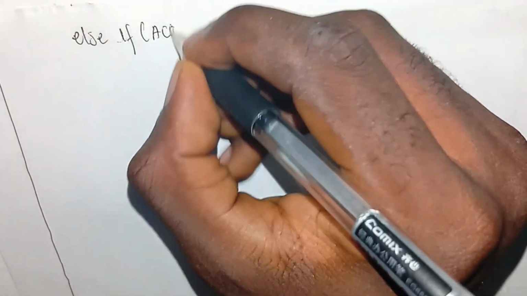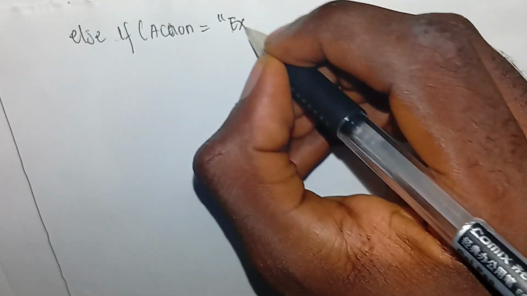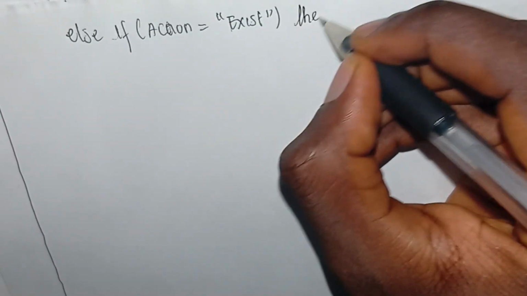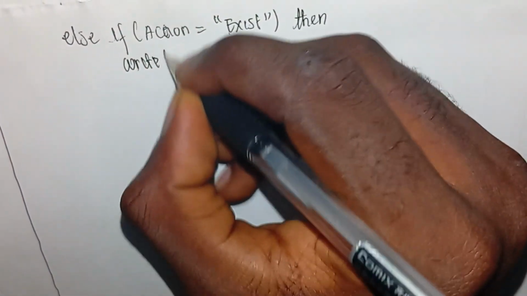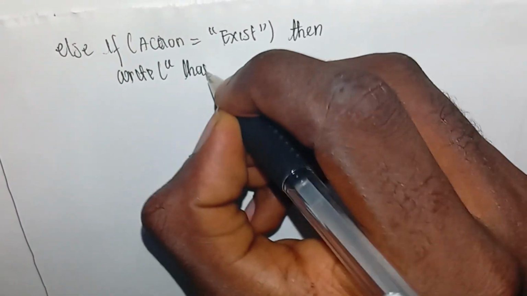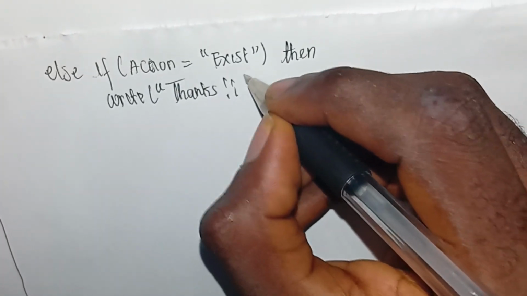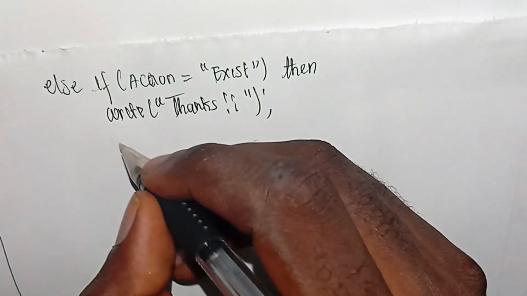Well, else if action equals exit. If the user enters exit, then we want to tell the user thanks, or something like thank you for using my platform. I'm just going to end mine with a simple task.